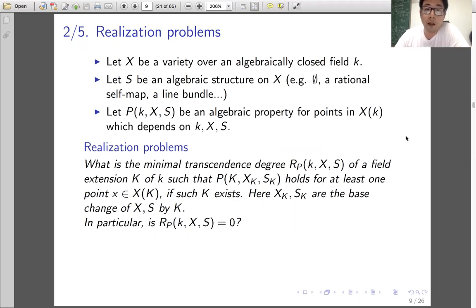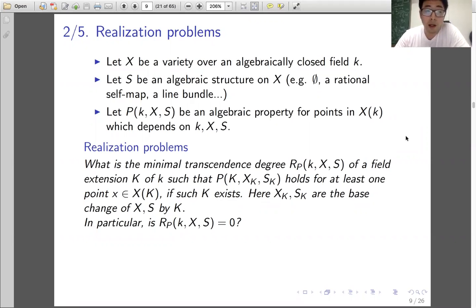Let S be an algebraic structure on X. It can be an empty set, a rational self-map, or line bundle, or other things. Let P(k, X, S) be an algebraic property for points in X(k), which depends on k, X and S.